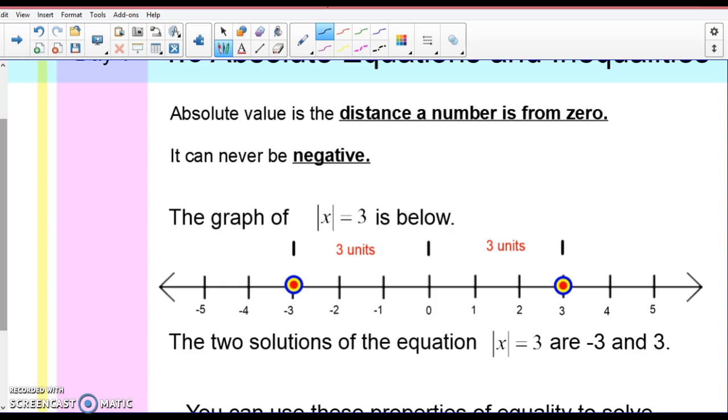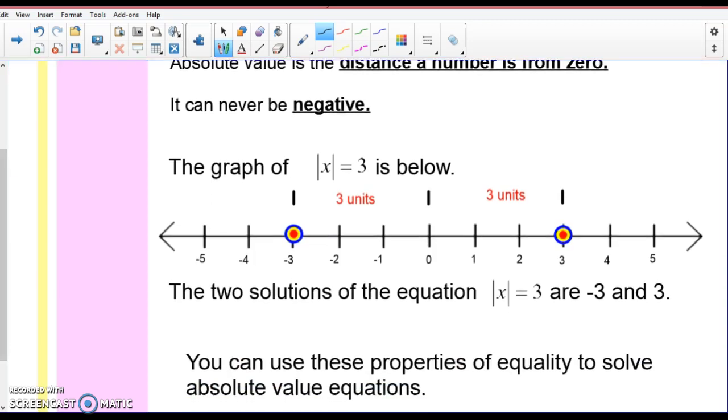So, look at this. This is super important to understand. If I gave you an equation that said the absolute value of x equals 3, couldn't x equal 3? Because I put 3 in there. The absolute value of 3 is 3.